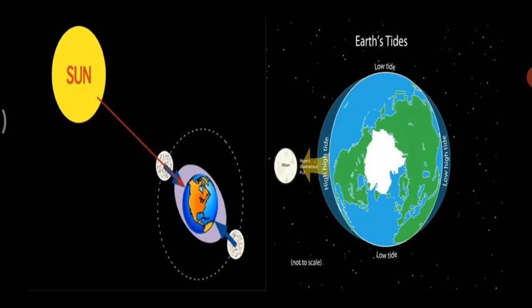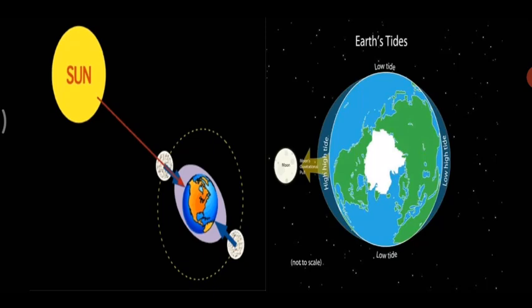Now, tides occur due to the relative position of the moon, the sun, and the earth. A place on the earth located at the opposite point of the place experiencing high or low tide also experiences high or low tide, respectively, at the same time. This is a result of the centrifugal force.